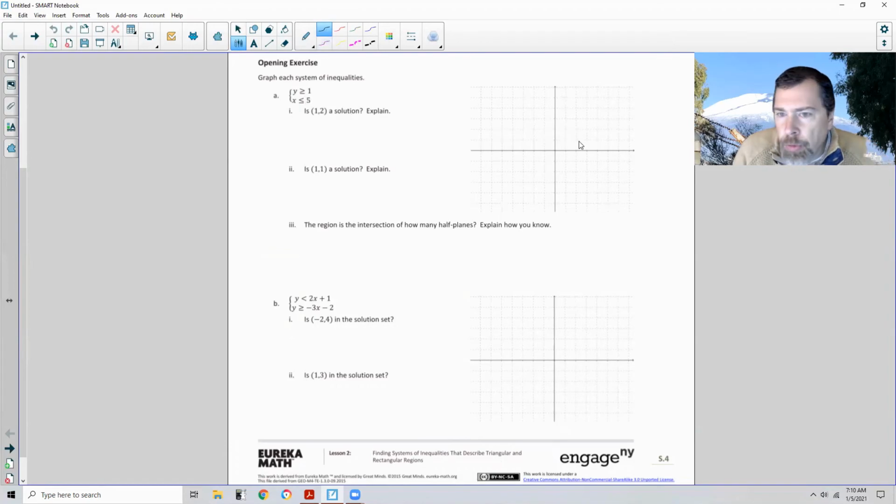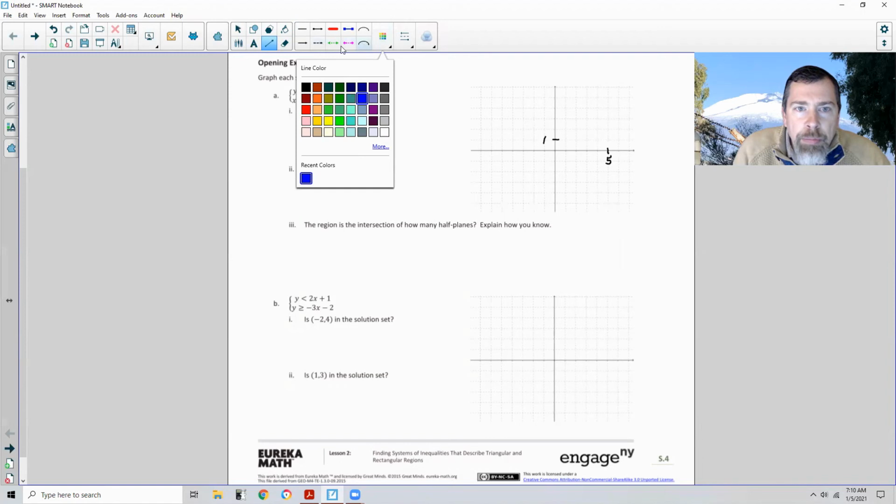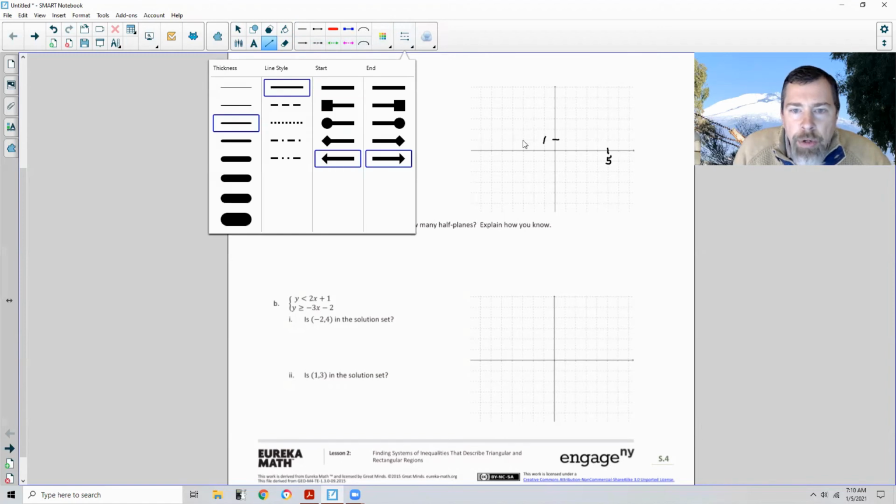So if I go 1, 2, 3, 4, 5 and call this 5 right here, if that's the x value 5, and this is y equals 1 right here, then y is greater than or equal to, the equal signs tell us our lines are going to be solid for starters. So let me choose blue, and lines go on forever in both directions and not too thick.